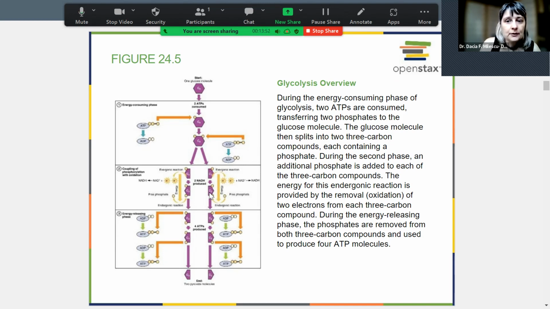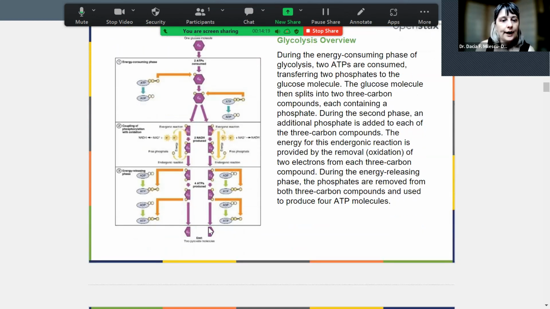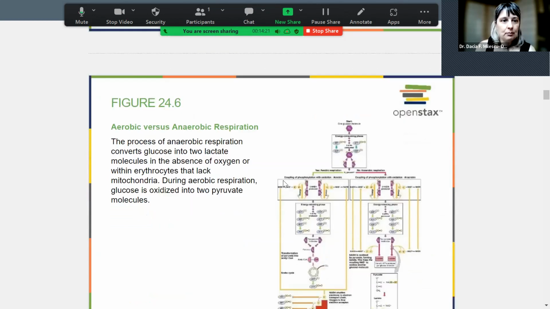So the glucose molecule splits into the 3 carbon compounds, each containing a phosphate. The energy for this endergonic reaction is going to provide oxidation or removal of 2 electrons from each of the 3 carbon compounds. During this energy release, the phosphates are removed so that both 3 carbon compounds are used to make more ATP. So that's that process.